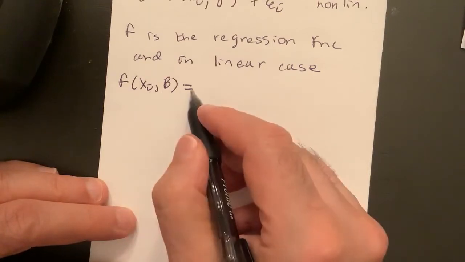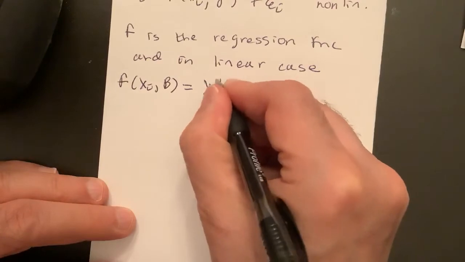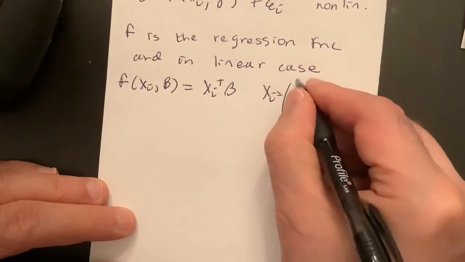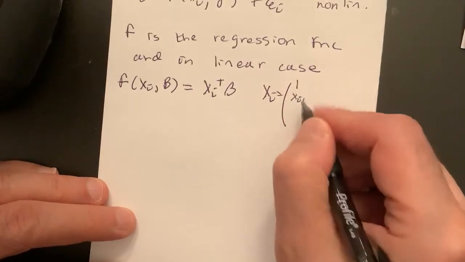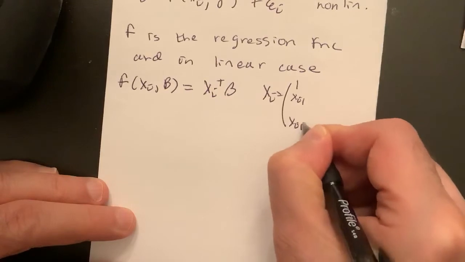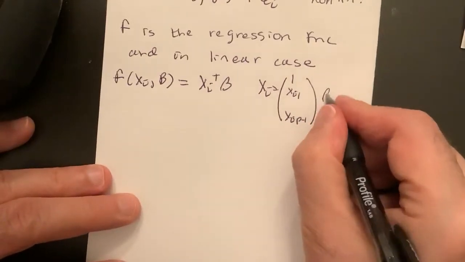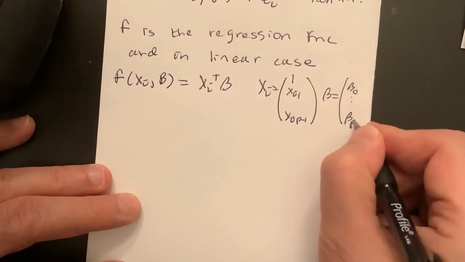So this would be equal to x_i transpose beta, where x_i is defined as this column vector here, 1, x_i1, ..., x_i,p-1, and beta is beta_0, ..., beta_p-1.